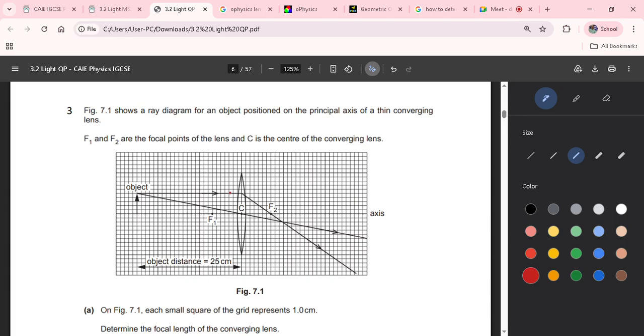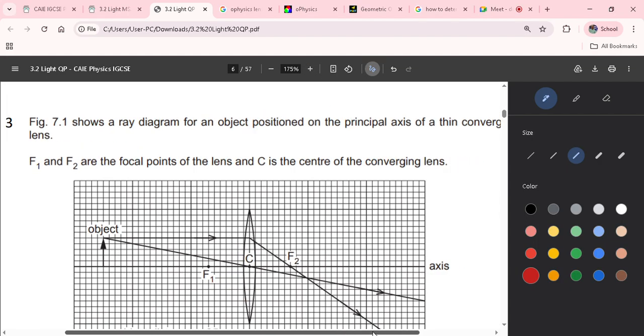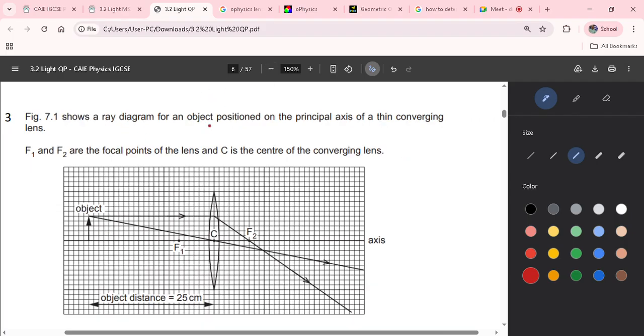Number 3. Figure 7.1 shows a ray diagram when an object is positioned on the principal axis of a thin converging lens. I will enlarge the picture here. F1 and F2 are the focal points of the lens, and C is the center of the converging lens.